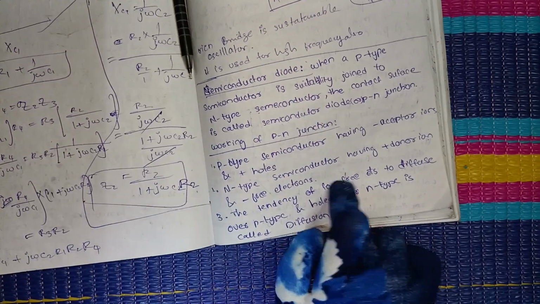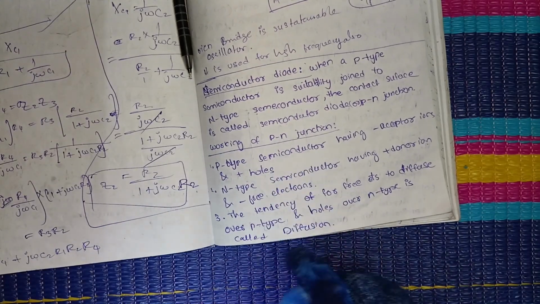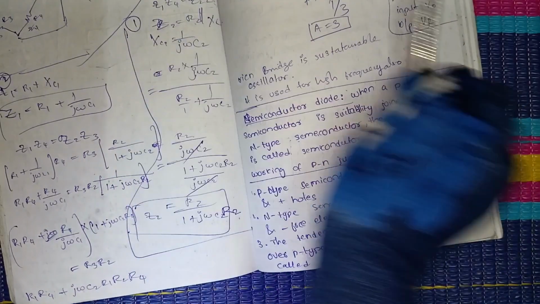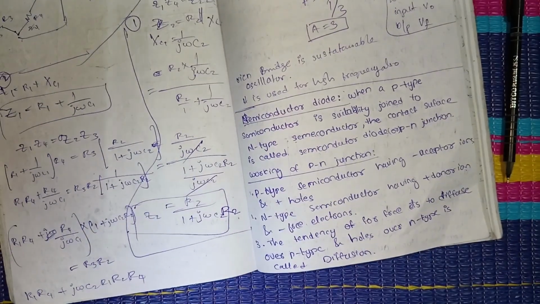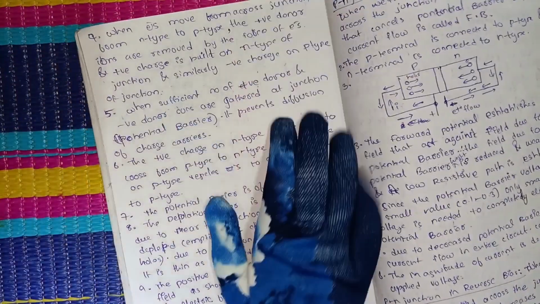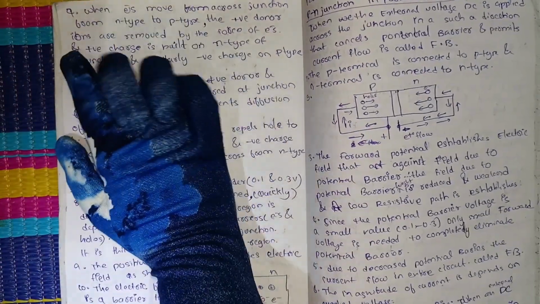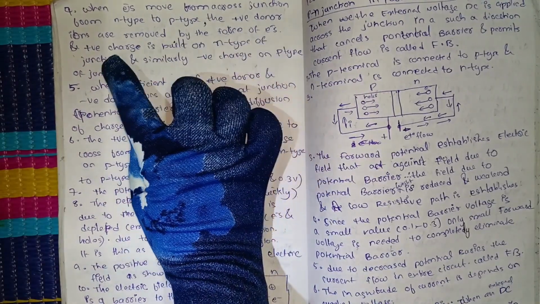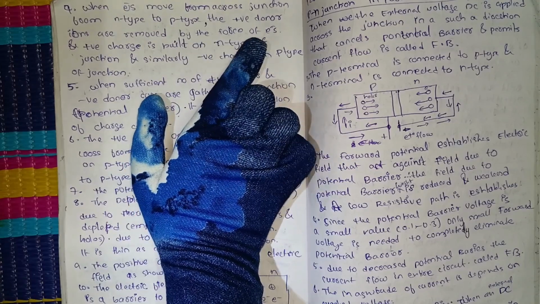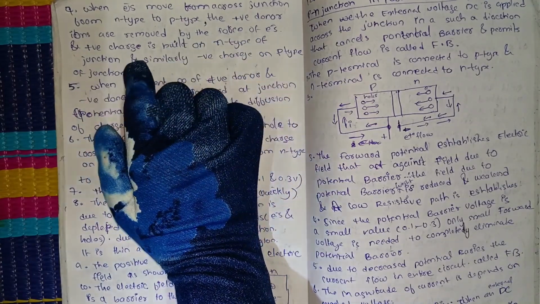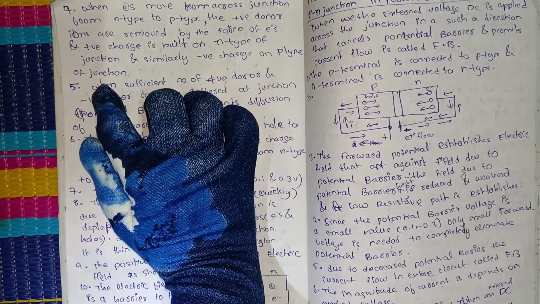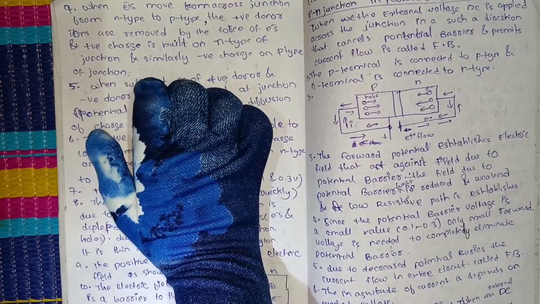Then when electrons move across the junction from n-type to p-type, the positive donor ions are left behind, and positive charge is built on the n-type side of the junction, and similarly negative charge on the p-type side of the junction.